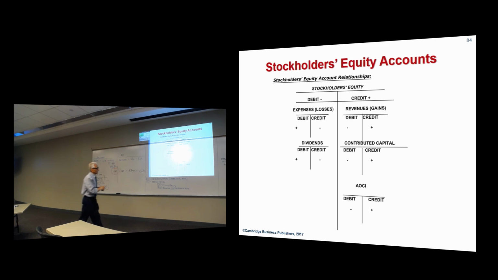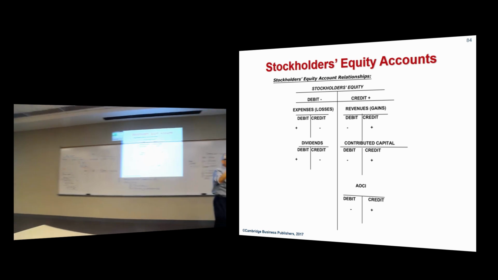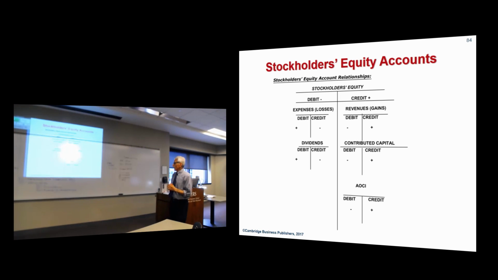Anytime I increase a revenue, I'm going to credit the revenue, and it increases equity. Every time I increase contributed capital or other comprehensive income, I'm going to credit those accounts, and they increase.